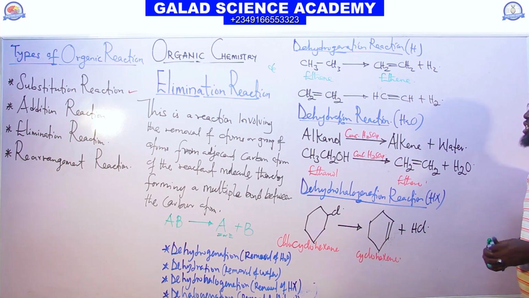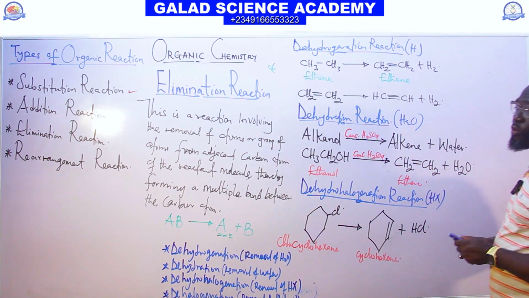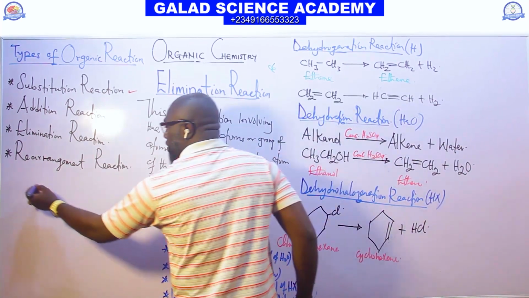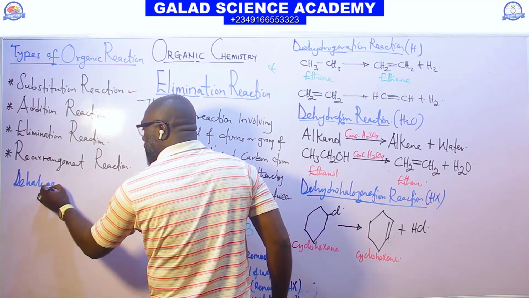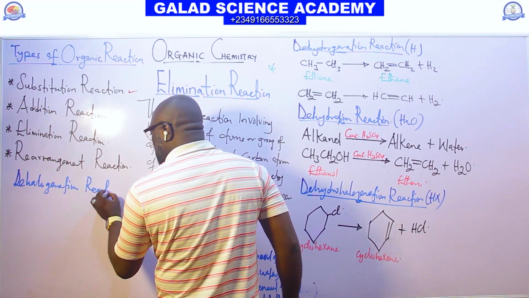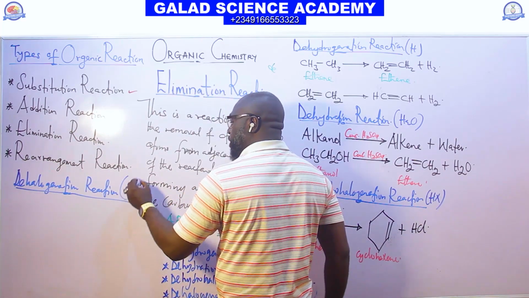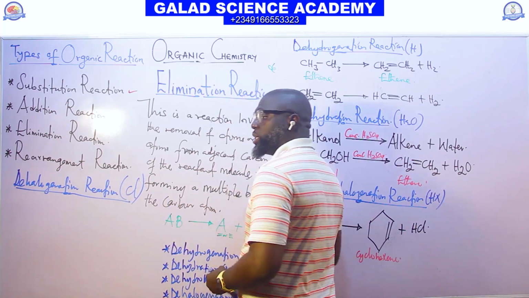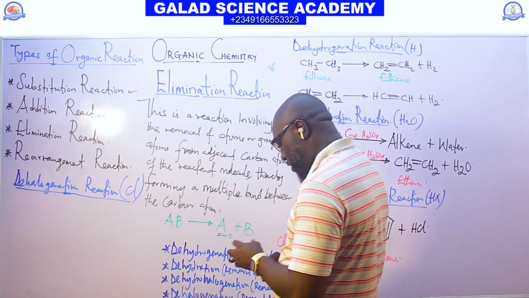Let me write it here. If you are talking of the dehalogenation reaction, this one is the removal of halogen, maybe chlorine or bromine or iodine. So let us look at this reaction.